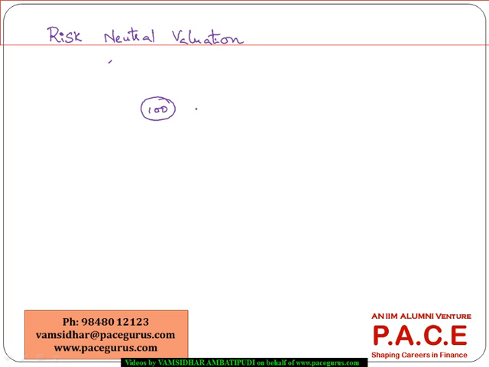It is 100, it can go to 110 or 90, and if I am talking about a call option, the expected payoff here is going to be $5 if the strike price is 105, and the payoff here is going to be 0.